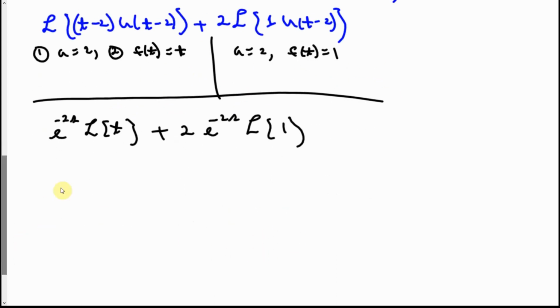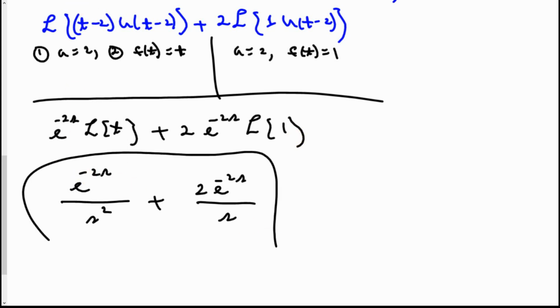Now you work that out. Well, the Laplace transform of t is just 1 over s squared. So this is e to the negative 2s over s squared plus 2 times e to the negative 2s over s. The Laplace transform of 1 is just 1 over s. This is a negative, not a comma. Okay?